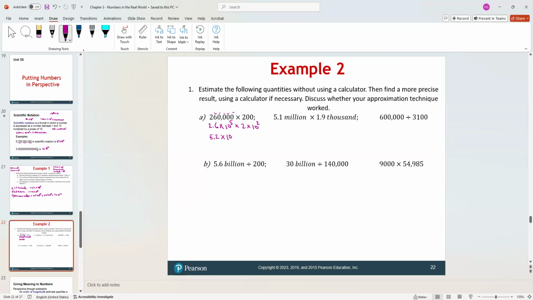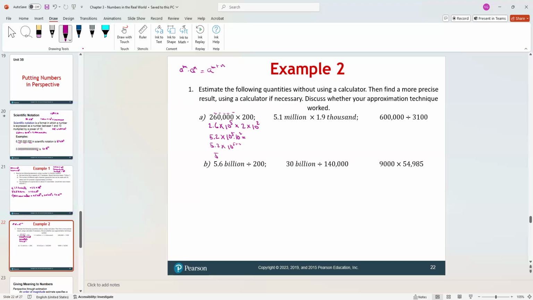If you have 10 power 5 times 10 power 2, we said when you have a power m times a power n, you need to keep the base and add the exponents. So we have 5.2 times 10 power 5 plus 2.